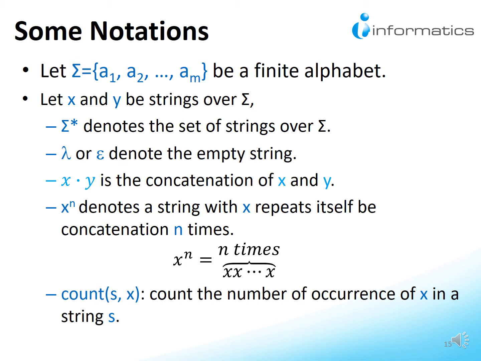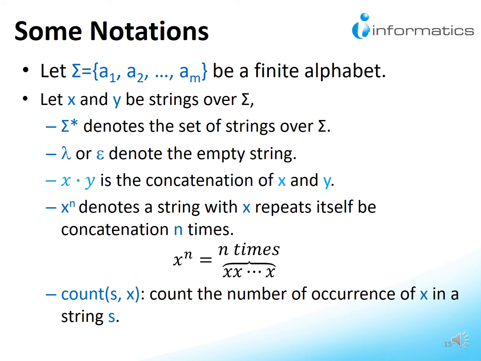The most important operator for strings is the concatenation operator. We use dot to denote the concatenation operator. So x dot y means the longer string consisting of all the characters in x followed by all the characters in y.